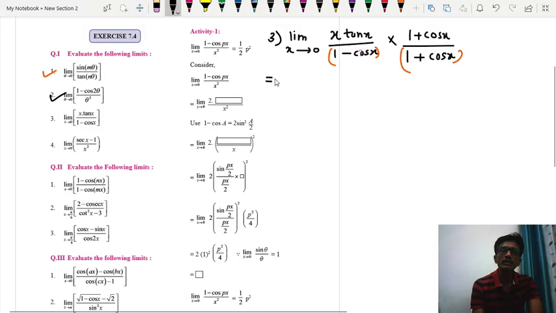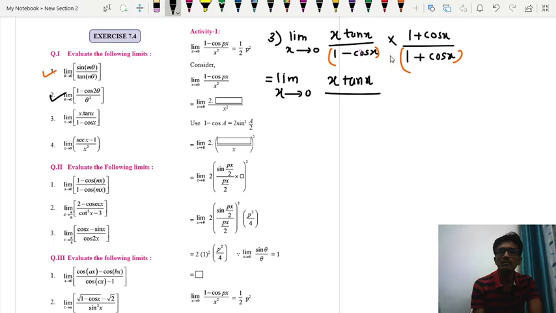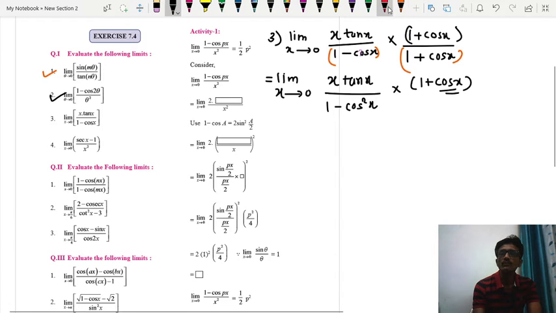So this will be limit x tends to 0, x tan x upon 1 minus cos square x into 1 plus cos x. You can take the limit over here, limit x tends to 0, cos x is equal to what? 1.